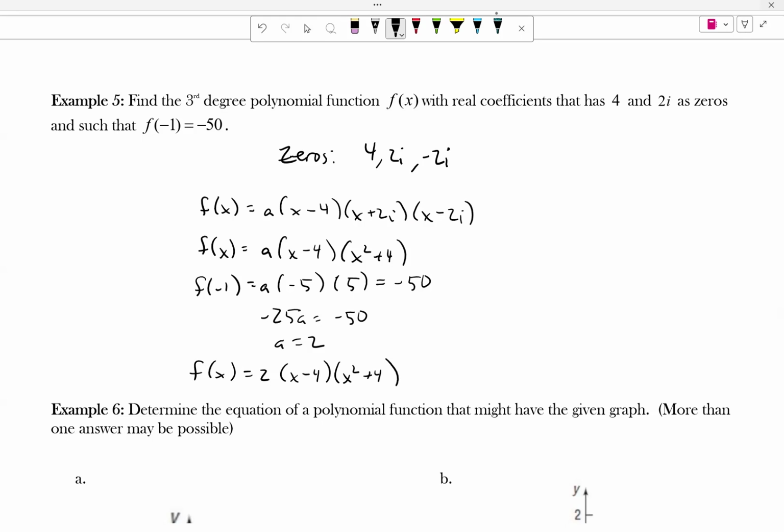You could multiply that out if you want to, but it's perfectly fine in factored form. Multiplying it out would be two things: one, a waste of time, and two, dangerous, because if you make a mistake from there, it's really sad. So thank you for your guidance.